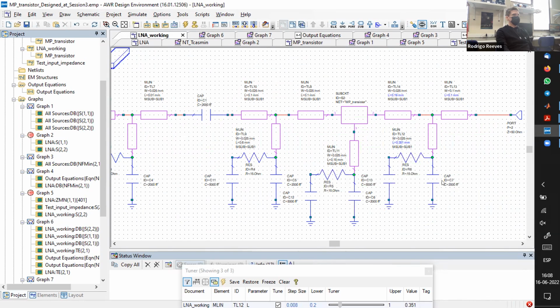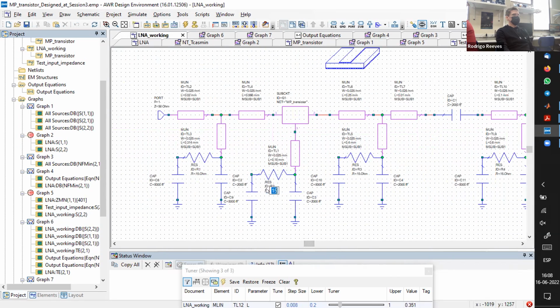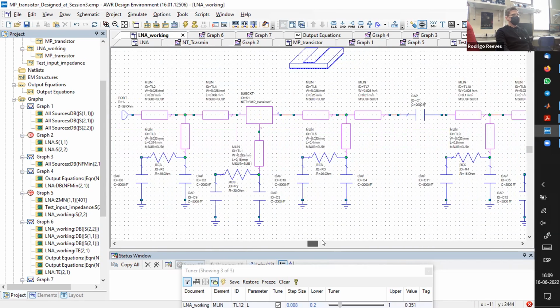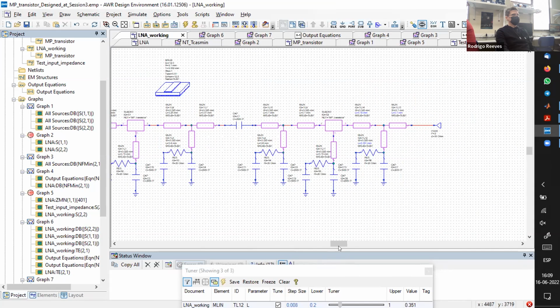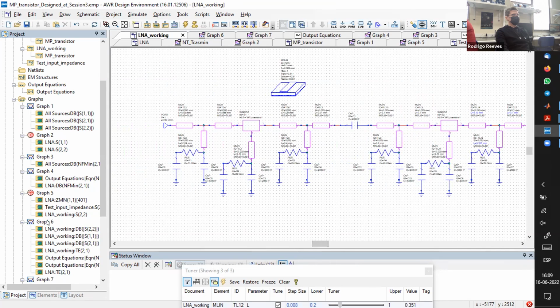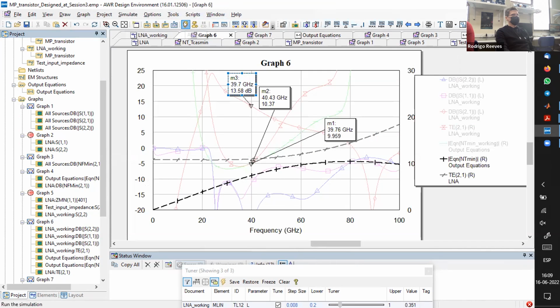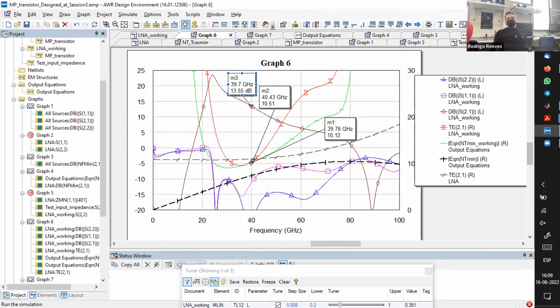Correct. And this one's 20. So they are in all stages now.